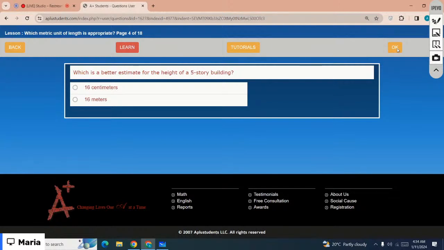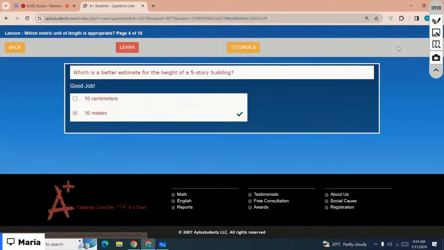That is a 5-story building. It must be 16 meters. The correct option is 16 meters, right?